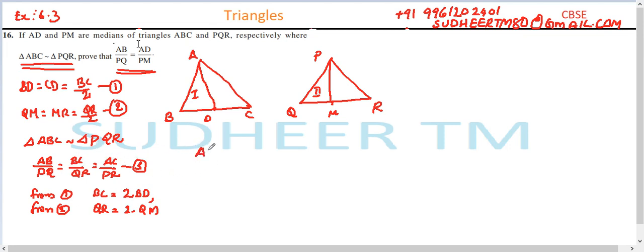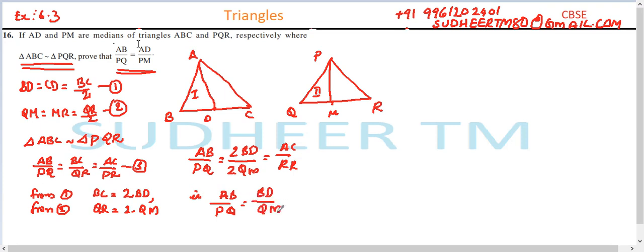We can rearrange into AB divided by PQ equal to BC, which I am going to write as 2BD, divided by QR, which I am going to write as 2QM, equal to AC divided by PR. So the first two terms in this equation we can rearrange as AB divided by PQ is equal to, 2 cancels, BD divided by QM. Let it be equation number 4.